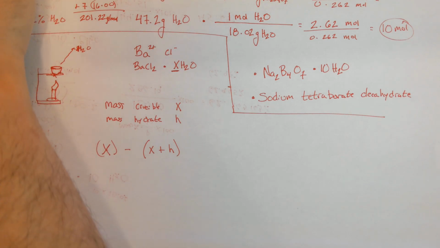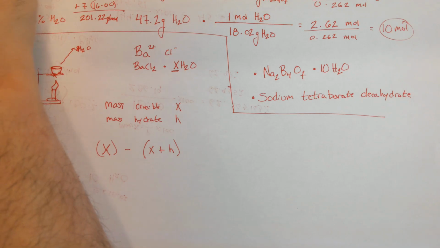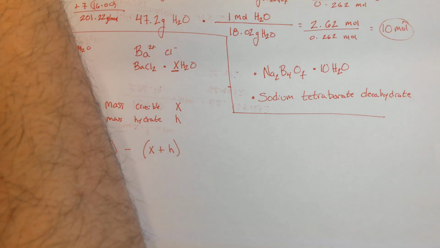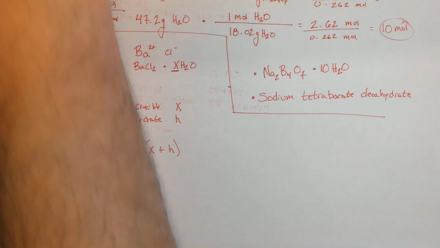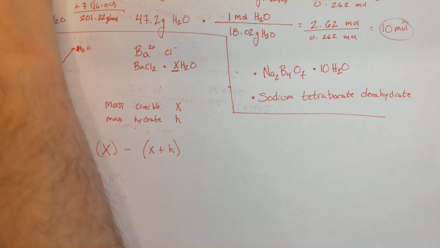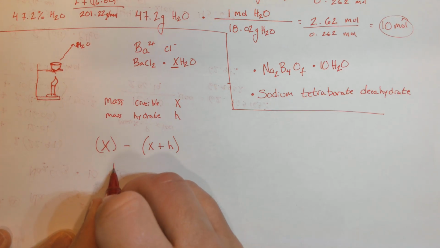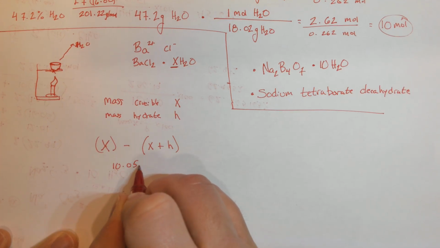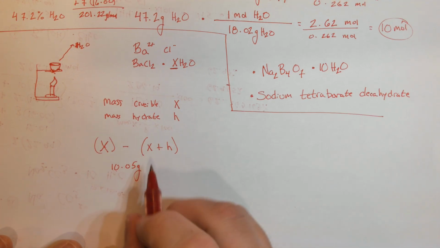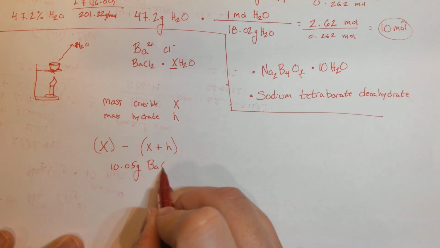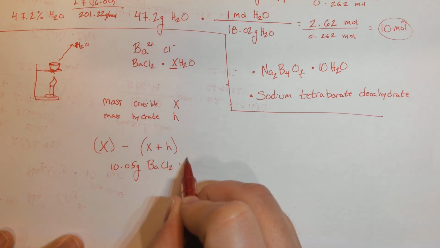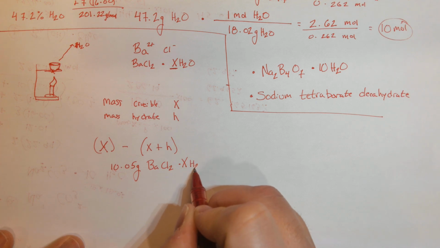So this is going to be 31.35 minus 21.30. So how much hydrate are we starting with? We're starting with 10.05 grams of barium chloride of an unknown hydrate.